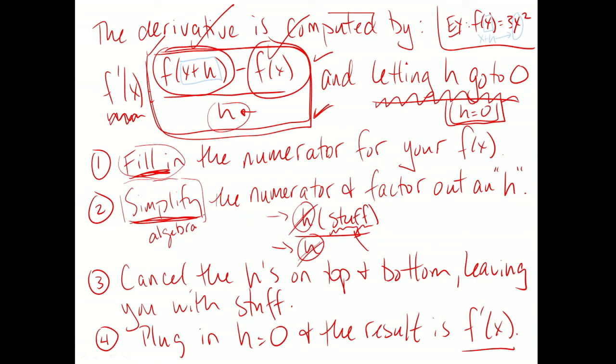After you've simplified, what you should be able to do is factor out an h. It should always work out this way. If you find yourself unable to legally factor out an h, you've probably done something wrong in step 1, so go back and maybe start over.